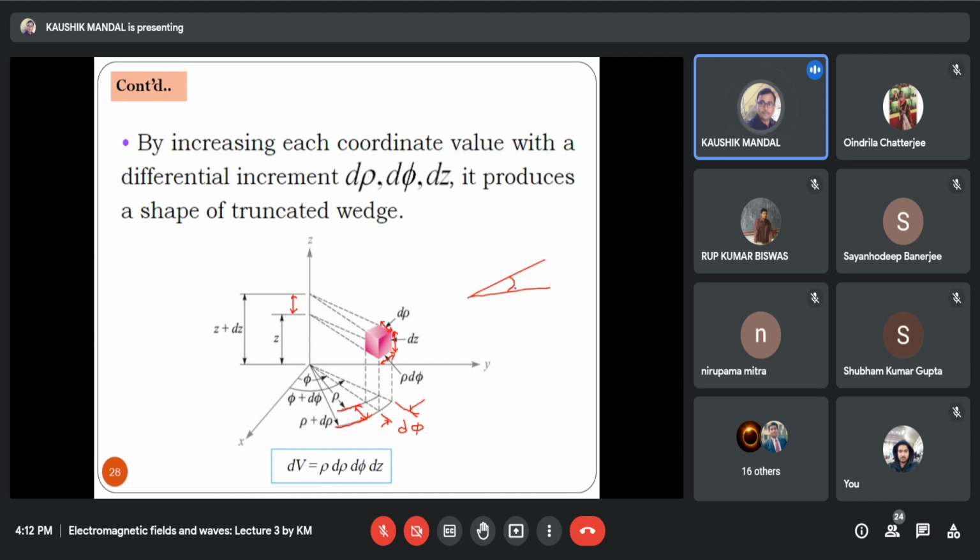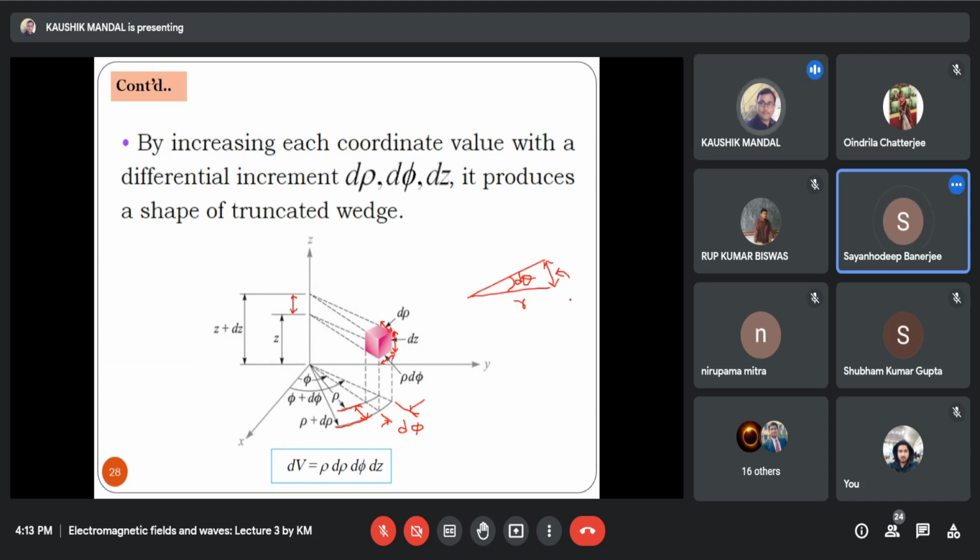If this particular angle is very small, d theta, and this is r, then how can we represent this particular difference, the angular difference?